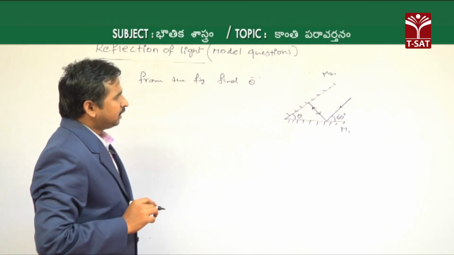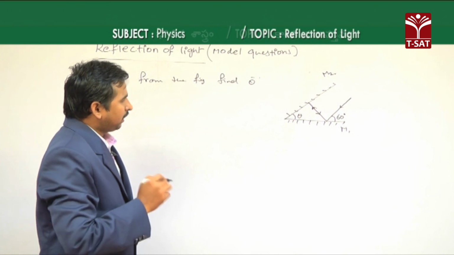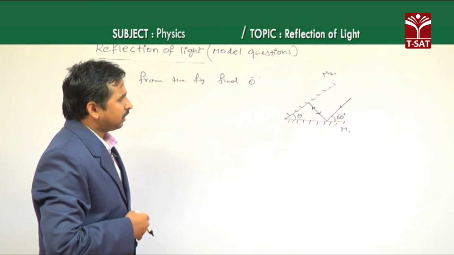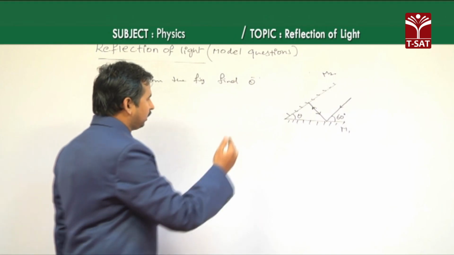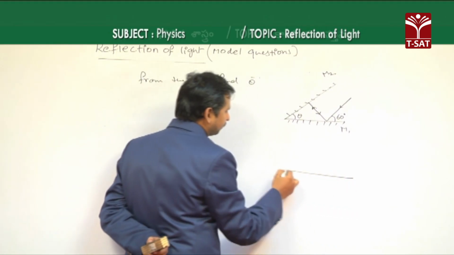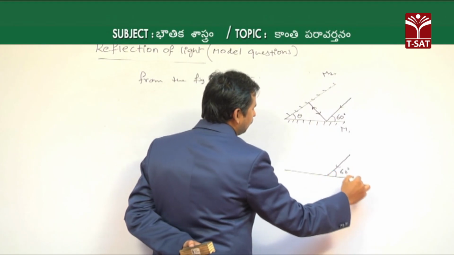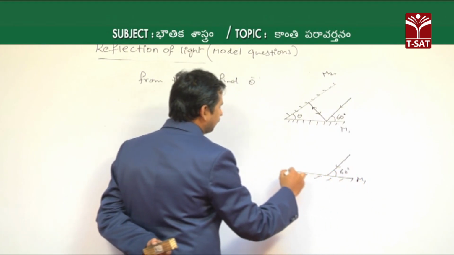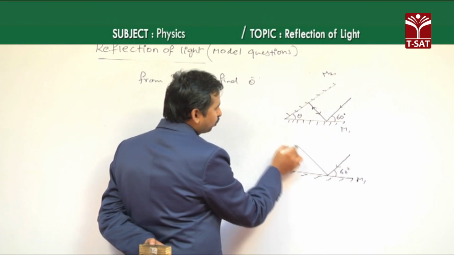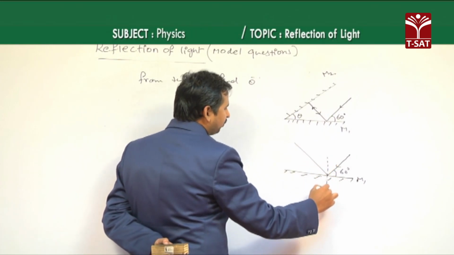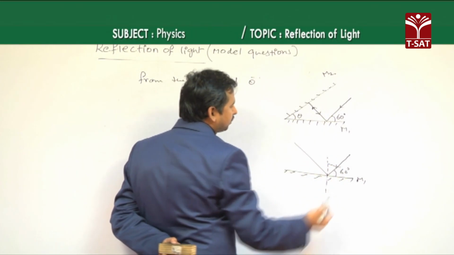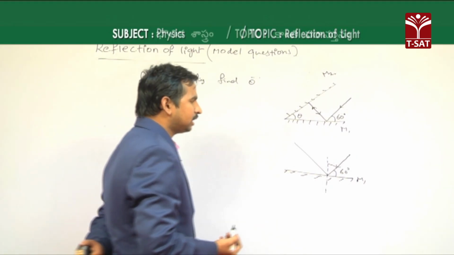Now, how to find the angle theta. Whenever the light ray strikes the first mirror M1 at an angle of 60 degrees, after reflection we draw a normal here, and the angle is called the angle of incidence for the first mirror.